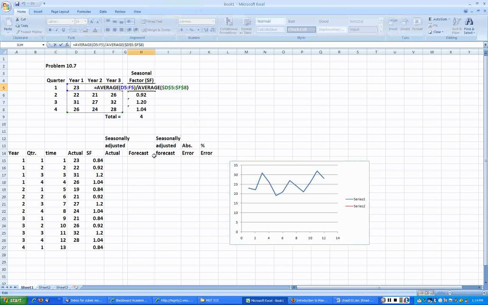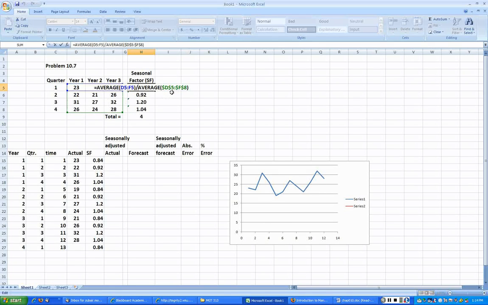This is the average sales for quarter 1 for the 3 years, that is D5 through F5, divided by the overall average quarterly sales for the entire 3 years, that is D5 through F8. I note here I have prefixed them with a $ sign because I'm going to copy the formula down. So the average quarterly sales for all 3 years is the same.